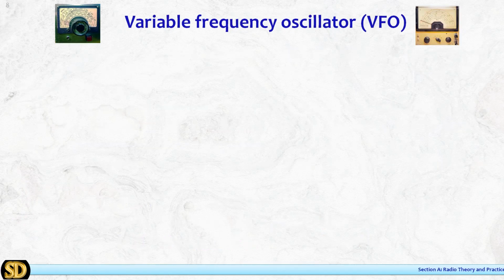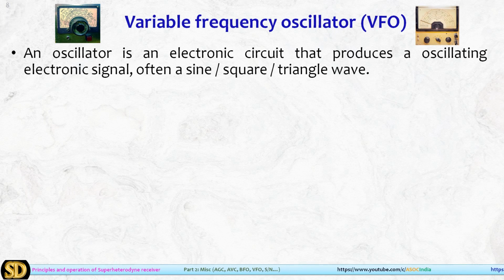Variable frequency oscillator. This is the next term. An oscillator, which I have already covered in a previous session, is an electronic circuit or device that produces an oscillating electronic signal, such as a sine wave, square wave, triangle wave, sawtooth wave, and whatever style we need.